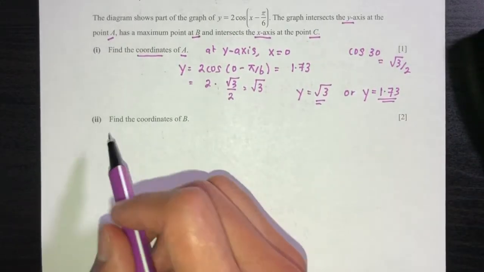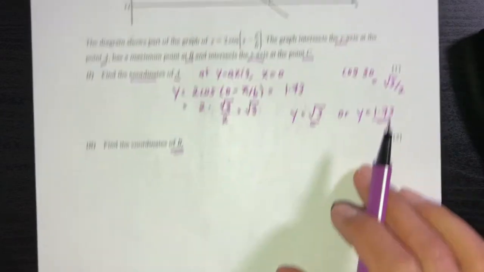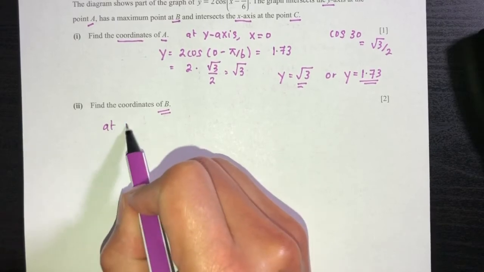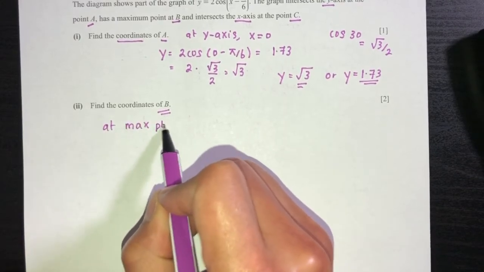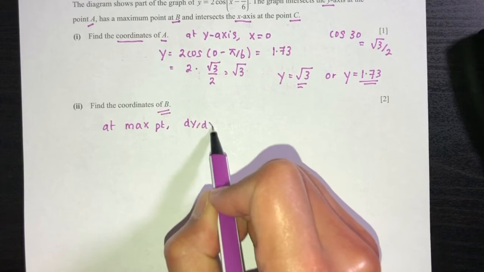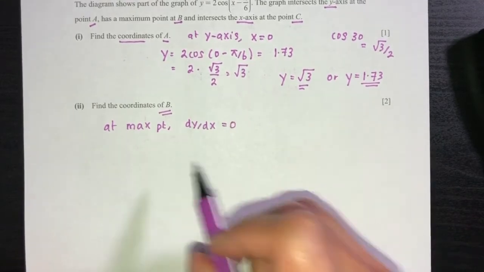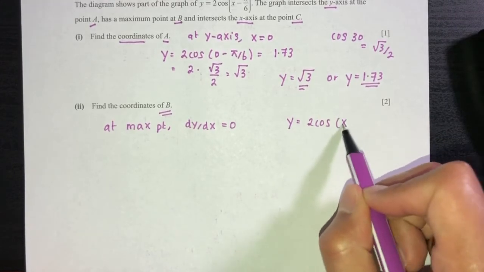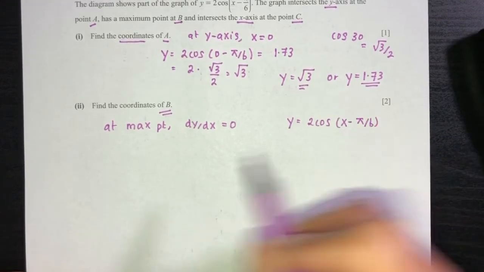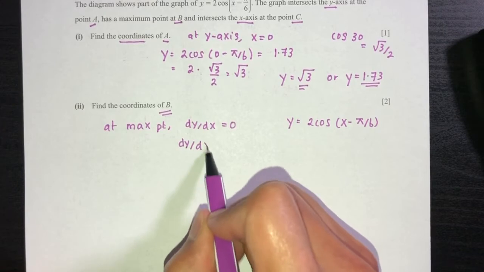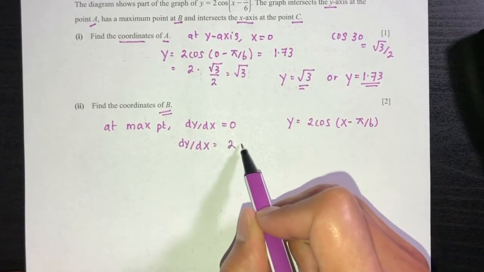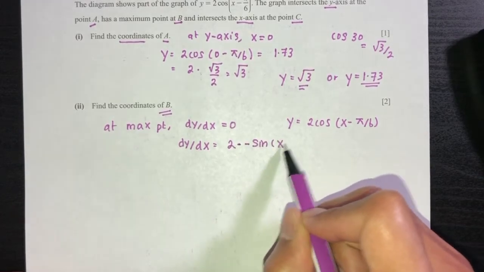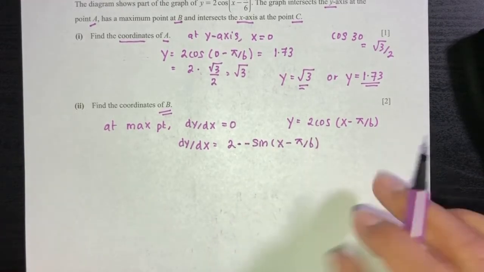Now for part B, find the coordinates of B. B is the maximum point, so we know that at the maximum point dy by dx is equal to 0. So let's find that. We know y is equal to 2 cos of (x minus pi by 6). So dy by dx is equal to 2 multiplied by minus sine of (x minus pi by 6).